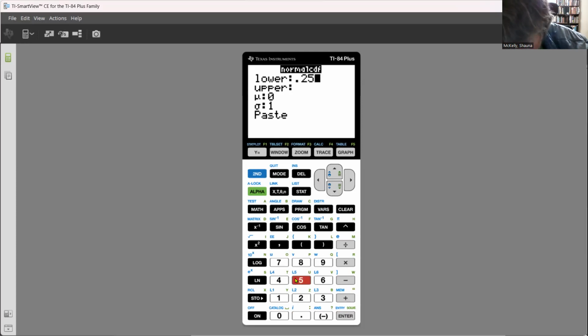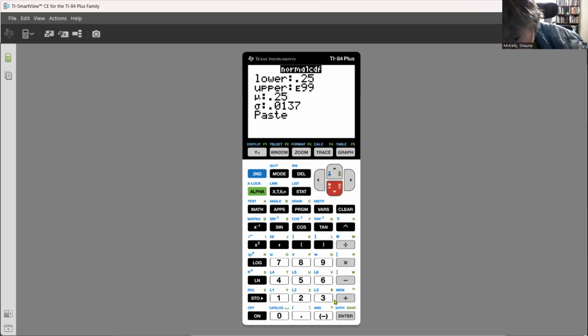Your upper is E99. Remember the E is on top of the comma. So second, E99. Remember here, we're using our proportion. So we have 0.25, and then the sigma that you calculated, 0.0137.